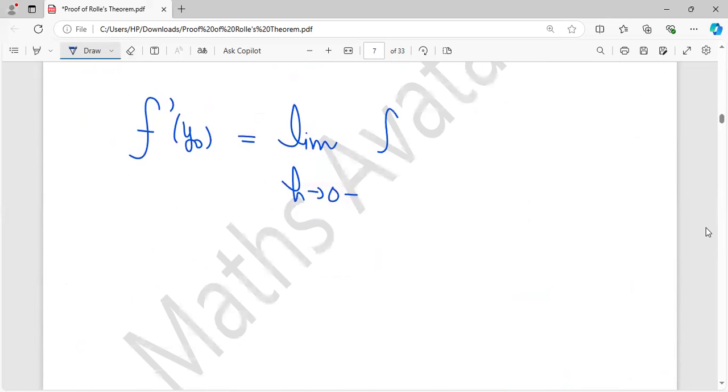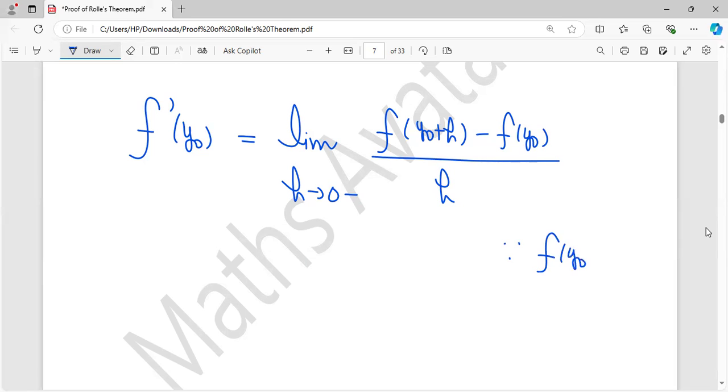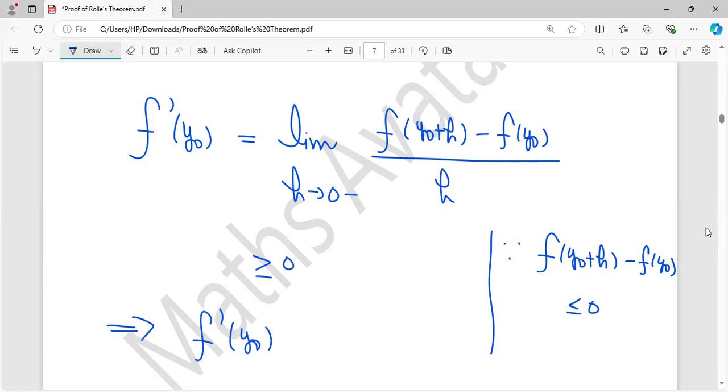This is f(y naught plus h) minus f(y naught) upon h. Here, f(y naught plus h) minus f(y naught) is non-positive and h is negative. So what resultant will you get? This will be positive, non-negative, sorry. So this is f dash y naught greater than or equal to 0.